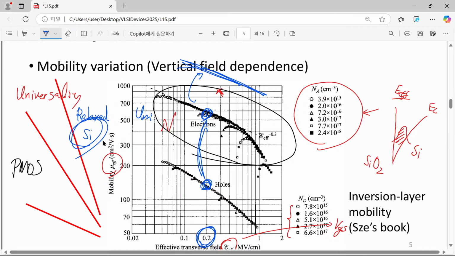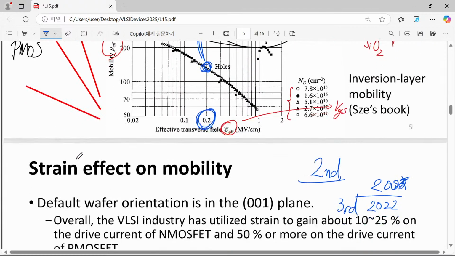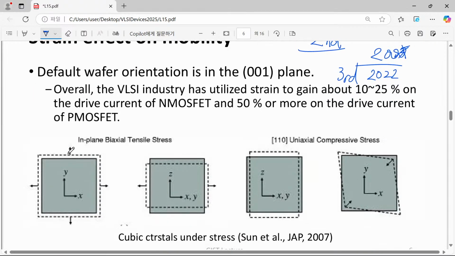It is related with this one. By applying certain stress, now silicon has a different atomic distance between two neighboring atoms. So our band structure is originated from the atomic placement.